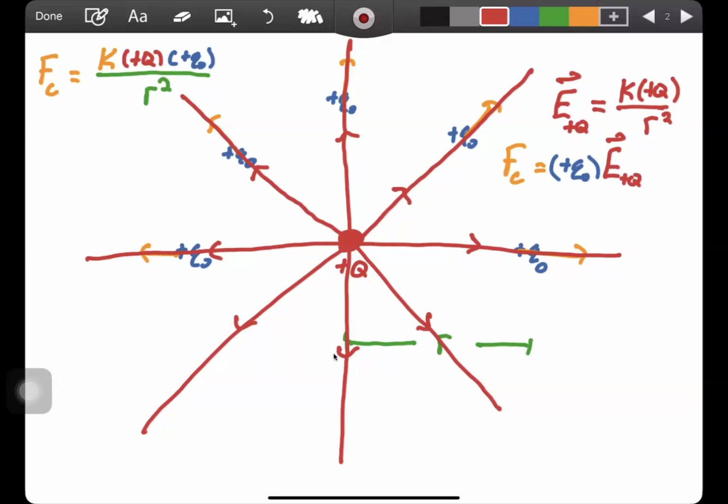Now, you probably don't have to think too hard to see a very similar structure on the left and right here. If the electric field is K plus Q over R squared, and the Coulomb force is the electric field times plus Q naught, then you should have the same structure you have on the far left, i.e. the Coulomb force is K plus Q times Q naught divided by R squared.